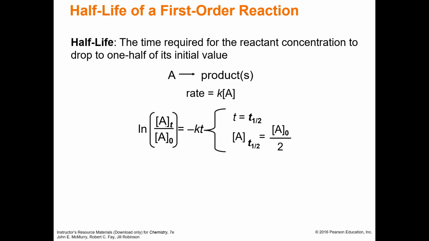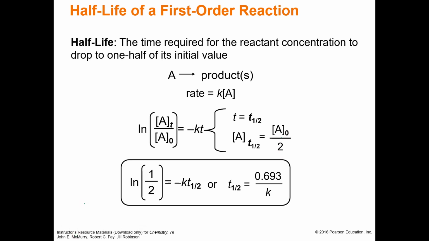If we represent T as T1/2 since we're talking about the half-life, well, A at T1/2, by the definition of half-life, is the initial concentration of our reactant divided by 2.